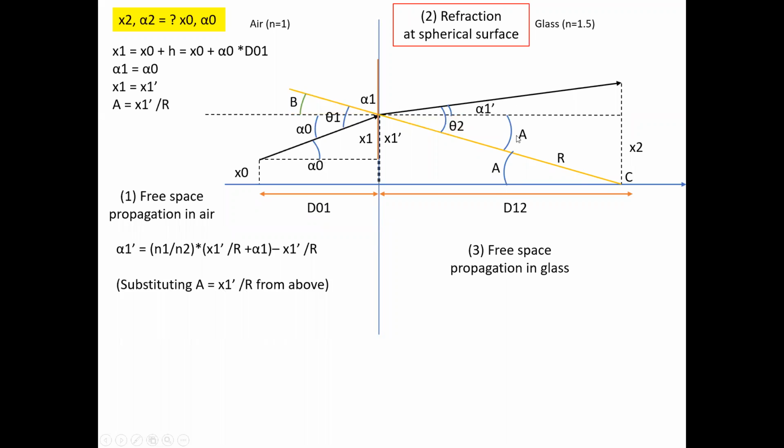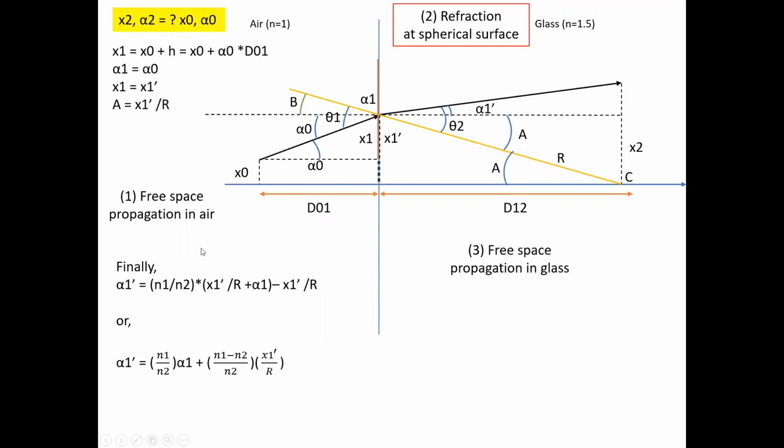So all the extra angles that I introduced, like theta 1, theta 2, A, and B, have now been completely substituted by terms which we know, like x1 prime, n1, n2, alpha 1, and radius of curvature. So alpha 1 prime, the exit angle, equals n1 over n2 times this term, which has x1 prime and r from the arc length relationship, alpha 1, because alpha 1 equals alpha naught. And again, the second term from the arc length relationship.